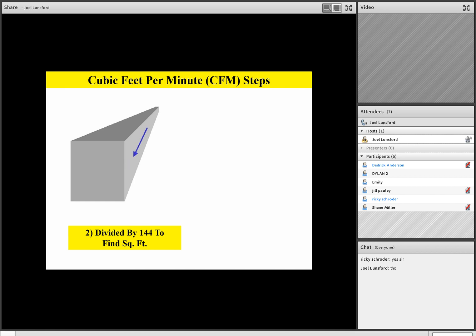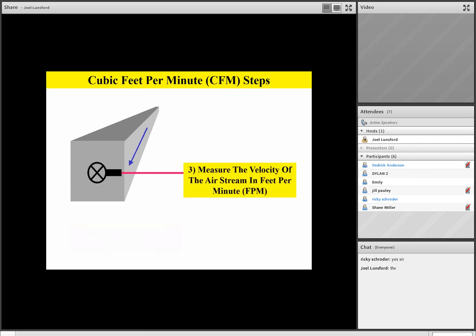Step number 3, we're going to measure the velocity of the airstream in feet per minute. Now what we show in our graphic looks like what we call a rotating vane anemometer, also called a velocity tool. It's just a little wheel that spins as the air goes across it. It should be noted that you could also use what we call a hot wire anemometer, which is nothing more than a probe.